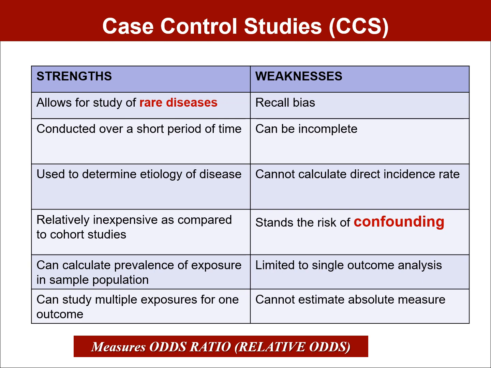What are the major weaknesses of case control studies? One of the biggest weaknesses is what we call recall bias. The reason being that the outcome has already taken place, and sometimes when you're trying to interview these participants, they may not actually be able to give you a fair, accurate account of the particular exposure.